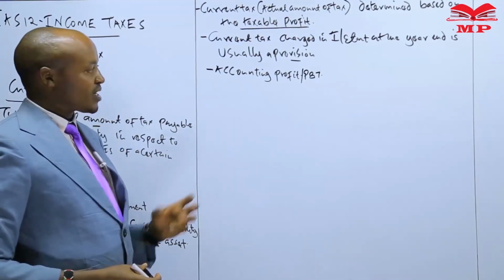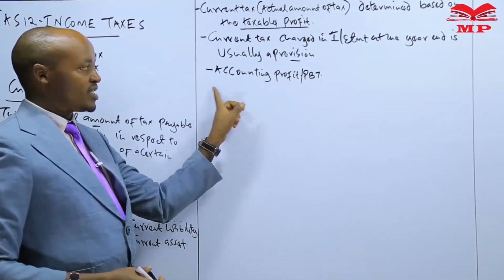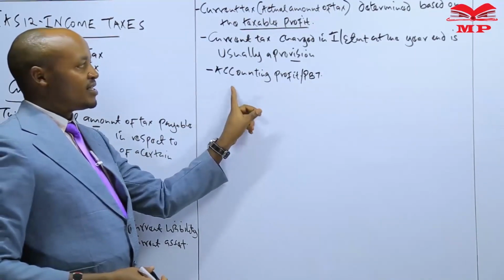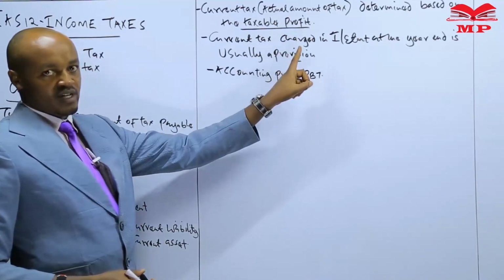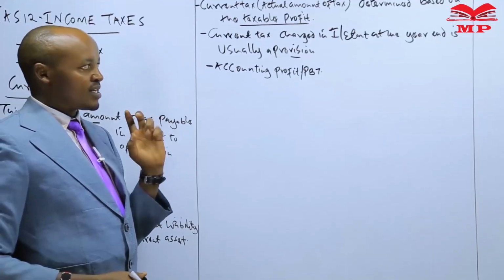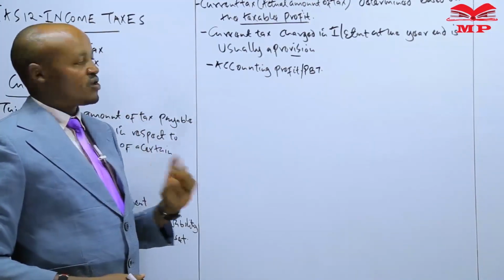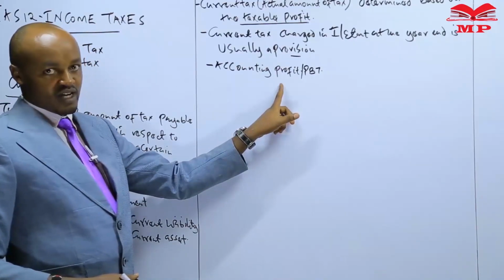It is the accounting profit, and the actual amount of tax which is supposed to be paid is never determined on this. Rather, it is determined based on taxable profit. And therefore, once the income statement has been prepared at the end of the year, the profit which will be computed will be the accounting profit.